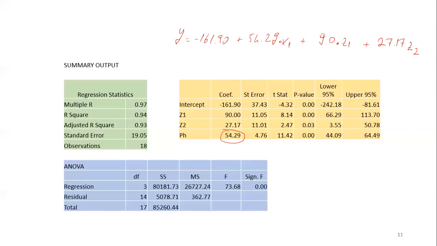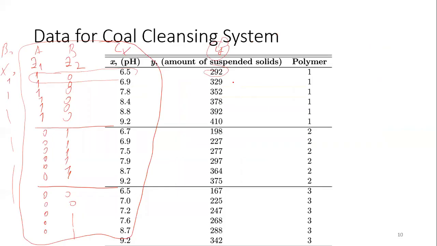So what does this mean? For example, if you just want to find a prediction for this one, okay? Its real value, its yi, let me just call this y4. Its y4 is 378. I want to find y4 hat.